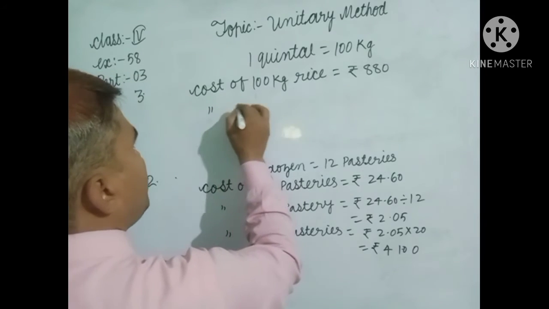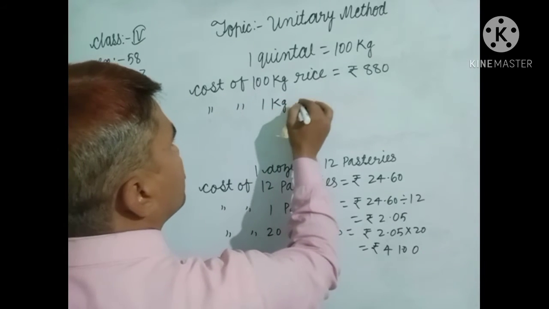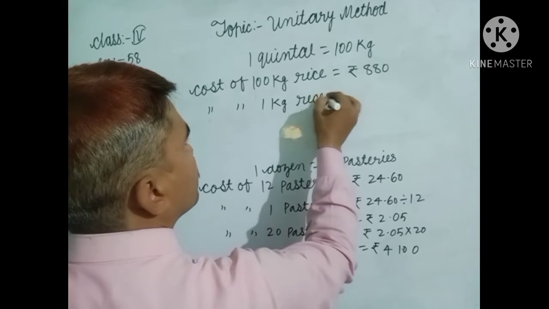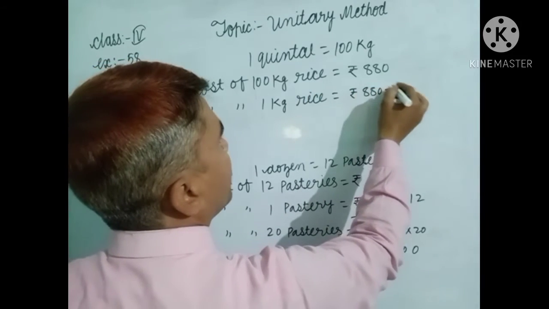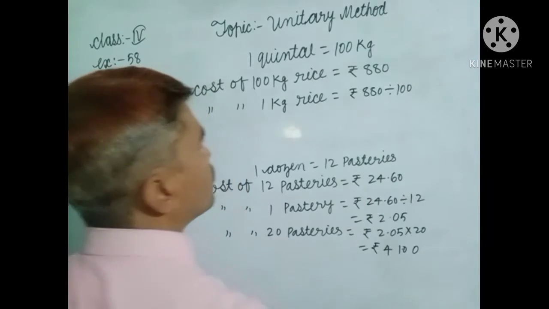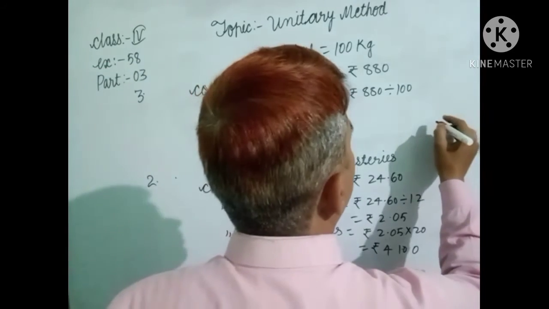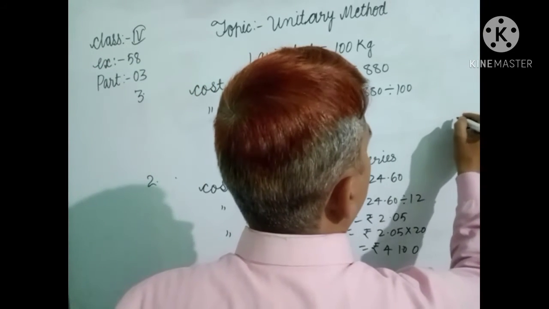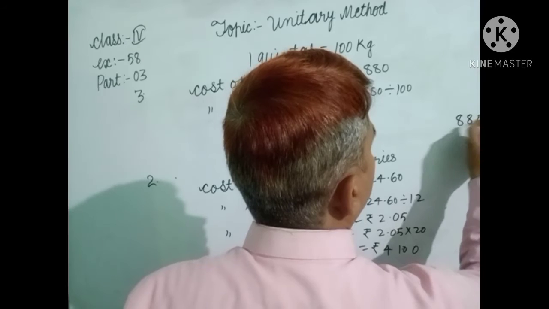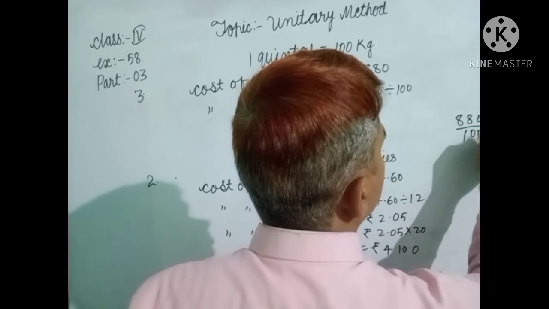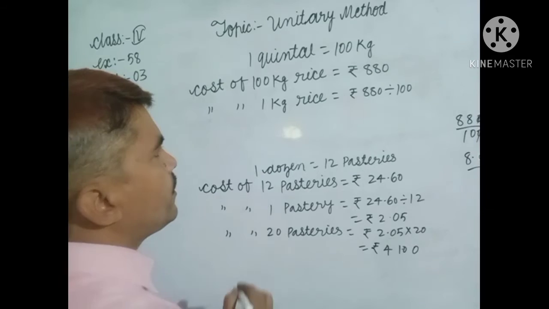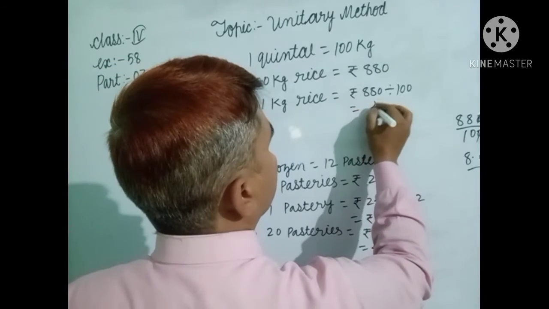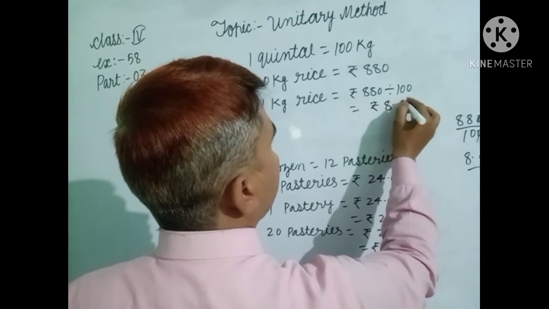So we must find the cost of 1 kg rice, which is equal to rupees 880 divided by 100. Here 880 divided by 100, 0 cancels, that means 8.8 rupees.